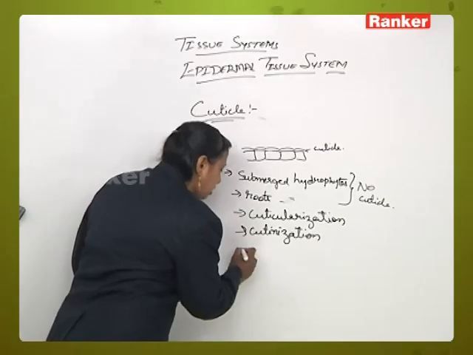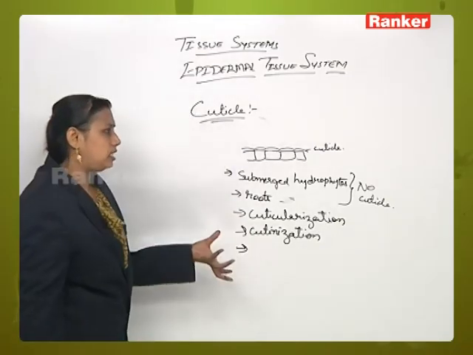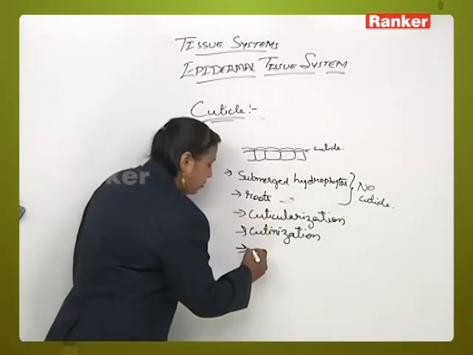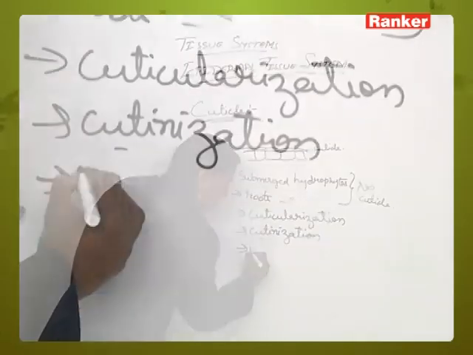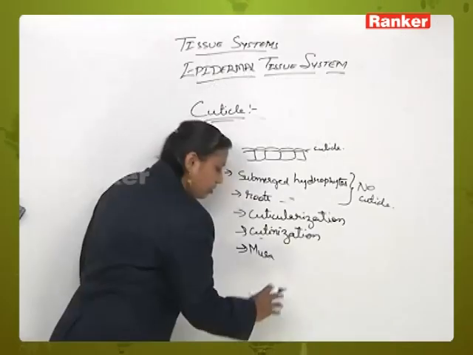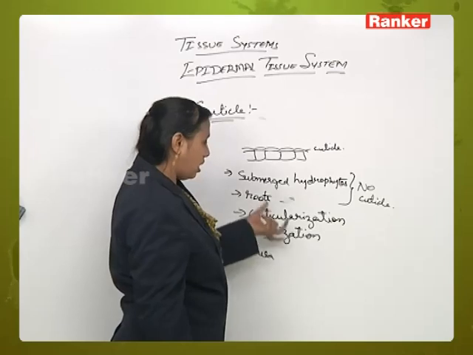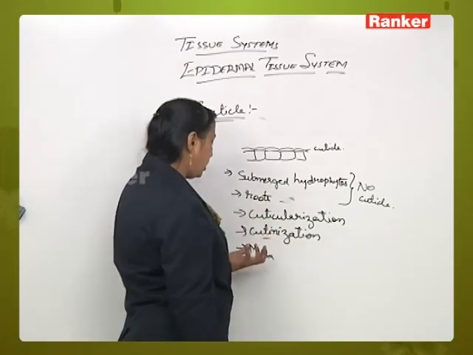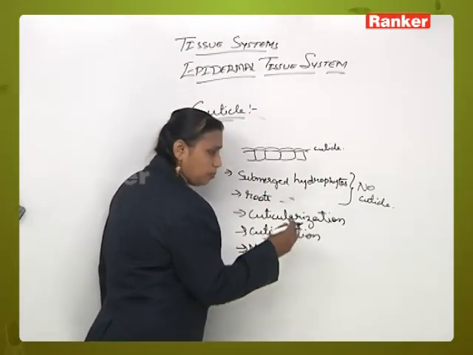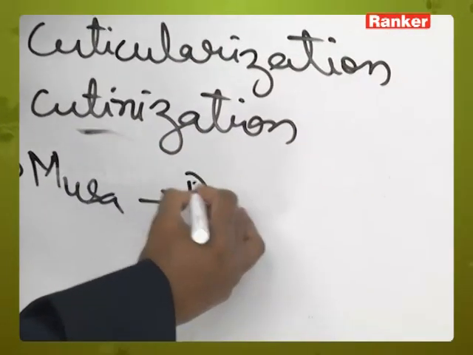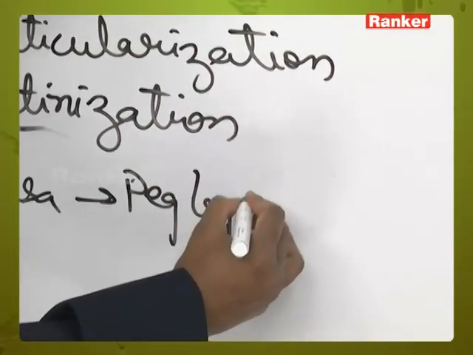Now, what is this cutin made up of? For example, we can take cutinization in Musa, in banana. How does the cuticle occur? It occurs in the form of certain deposits, and these deposits develop into peg-like structures.